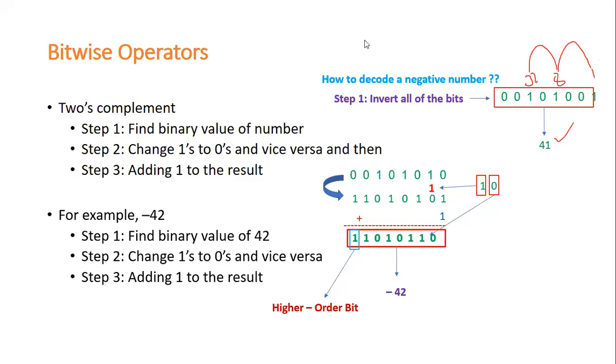Next, for this 41, I need to add 1. Once I add 1, I'll get 42. Since in the higher order bit I have 1, we call this minus 42. Like this, we can decode a binary number which has a 1 value at the higher order bit.